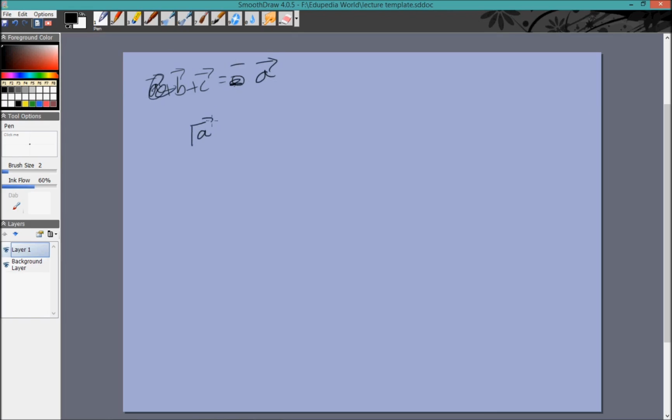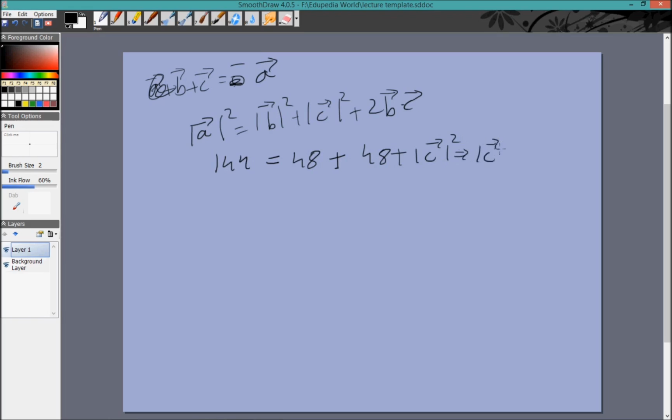So we get mod A squared is equal to mod B squared plus mod C squared plus 2B dot C. Mod A squared is given to us to be 144. Mod B squared will be square of 4 root 3, that is 48, plus 2B dot C will again be 48 plus mod C squared. So that gives me mod C squared is equal to 48. Right. So that means option A is true and option B is false.